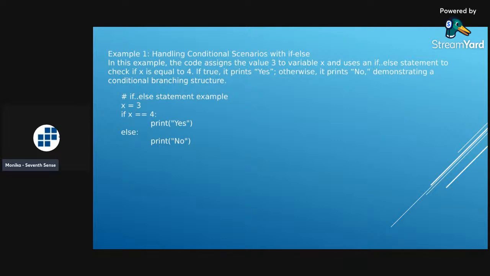Okay. Here we have an example for if else. What is the example I have given here? First, I am declaring x is equal to 3 and I am giving a condition: if x is equal to 4. So if 3 equals 4, the output will be yes.